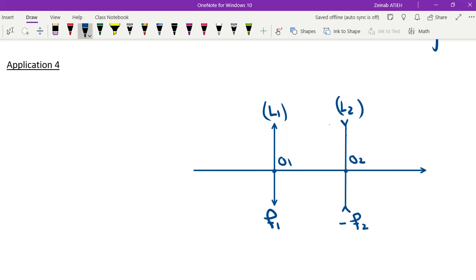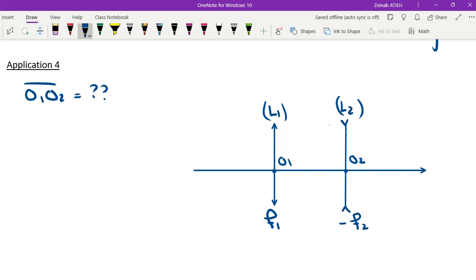So when I say the focal length of L1 I must say f1, and the focal length of L2 I must say minus f2 because it must be negative, and f2 is given as an absolute value. So what do we have? They are asking me about the distance between the two lenses, so what they are actually asking for is the distance O1 O2. So he's asking for the distance O1 O2, how much.